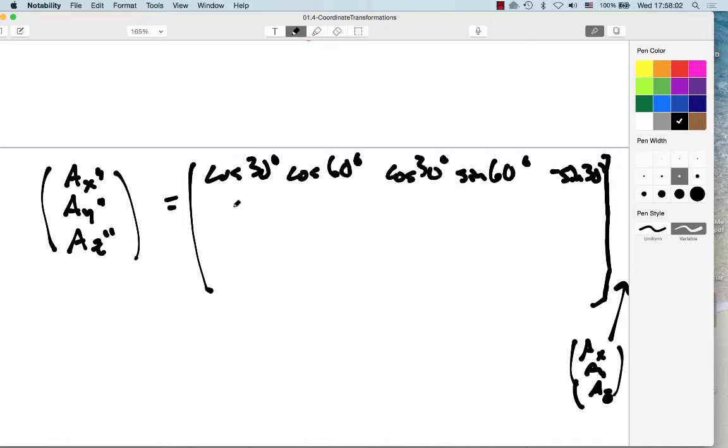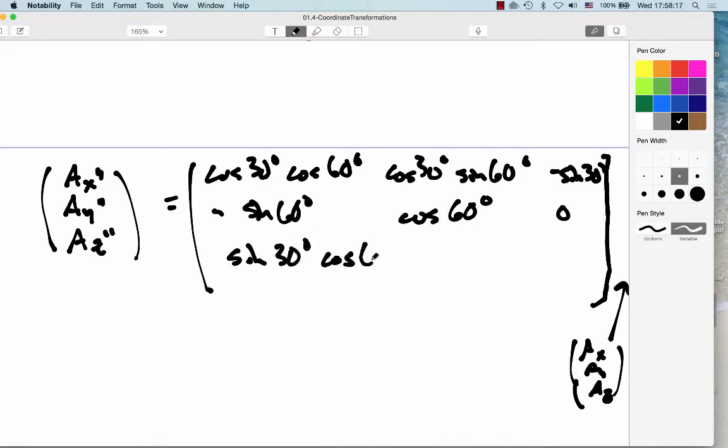Then we'll have here negative sine 60, cos 60, 0, sine 30 cos 60, sine 30 sine 60, cos 30, like so.